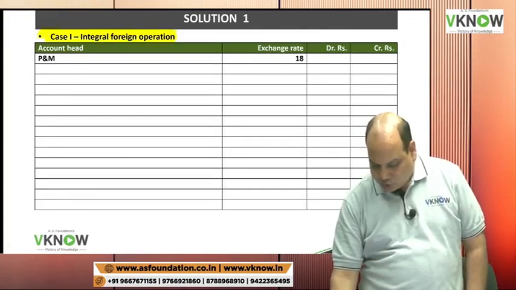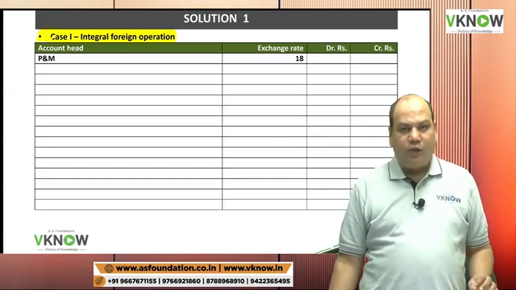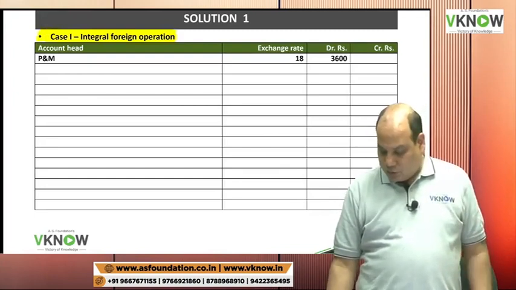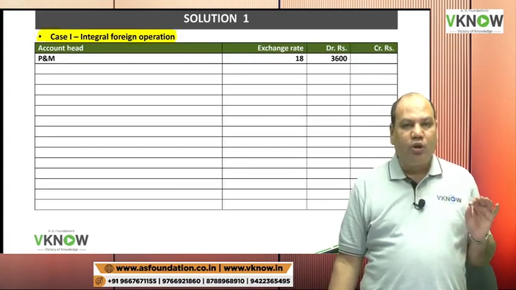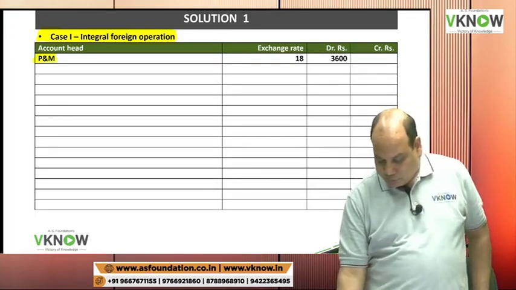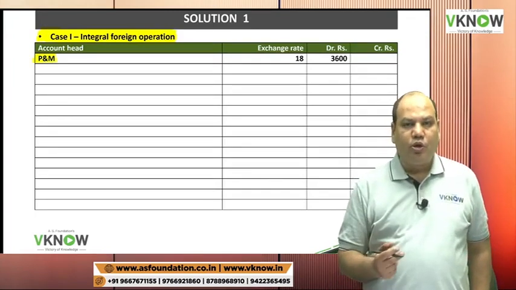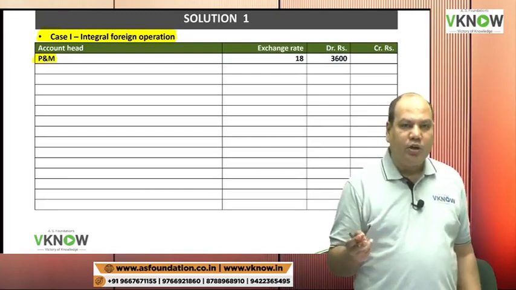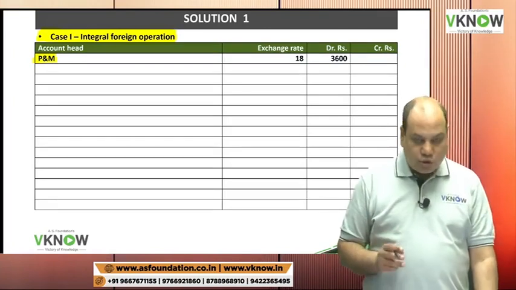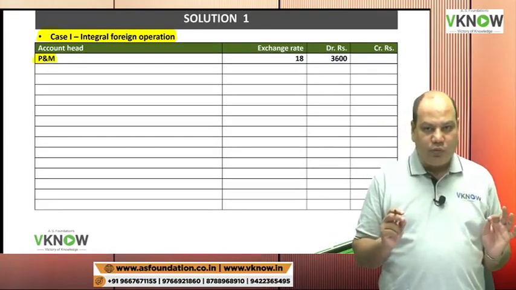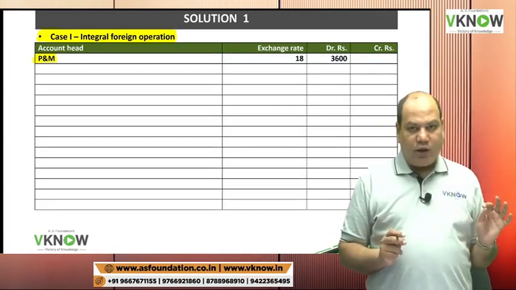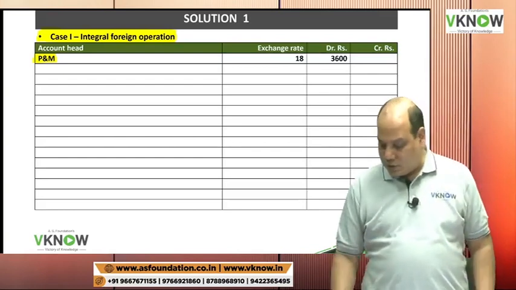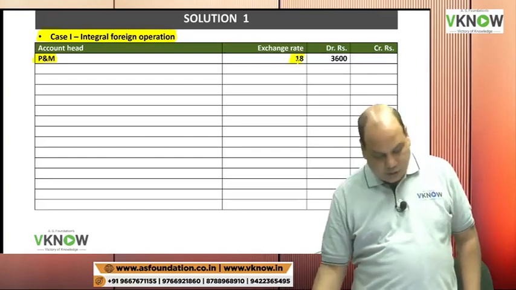In an integral foreign branch, the non-monetary items for which we follow the cost model will be valued using the rate when they were acquired. Keep the question in front of you. When the plant and machinery, that is the fixed asset, was acquired, the rate was 18.